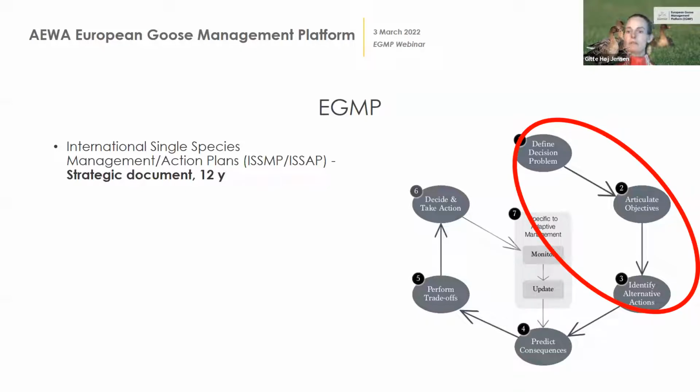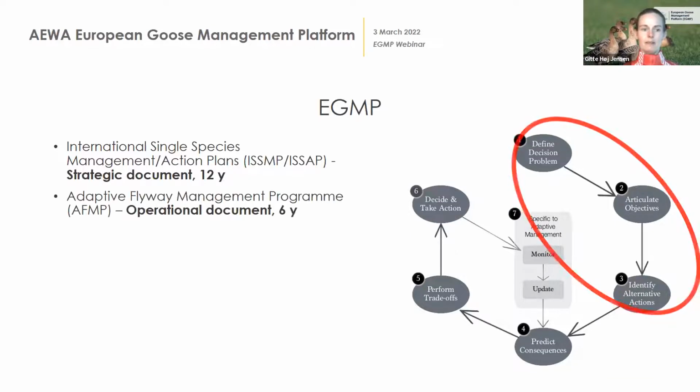It's here where we define the overall problems, we articulate the objectives, and we identify the actions. And I like making comparisons with something you can visualize. My best example would be that this is the drawing of a car. If we want to produce a real car, we first of all make a sketch of it, and that could be this management plan or action plan.